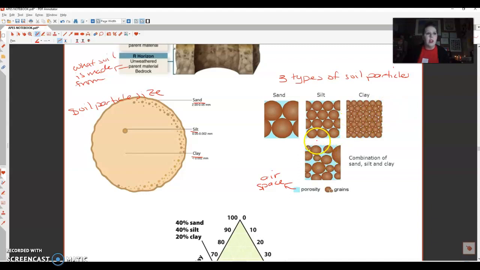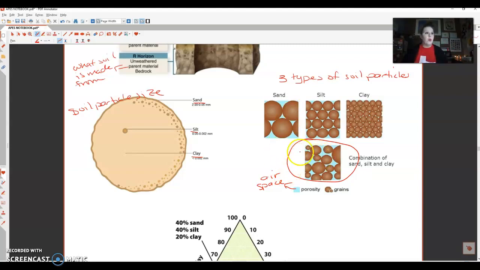So what we want right here is a combination of all 3. We want soil to be able to retain water and also let an excess amount of water flow through it, because we know that when plants get too much water, they die.